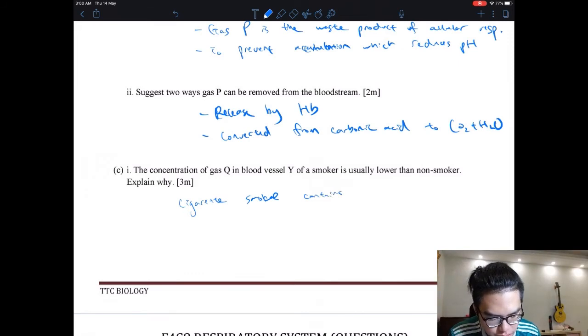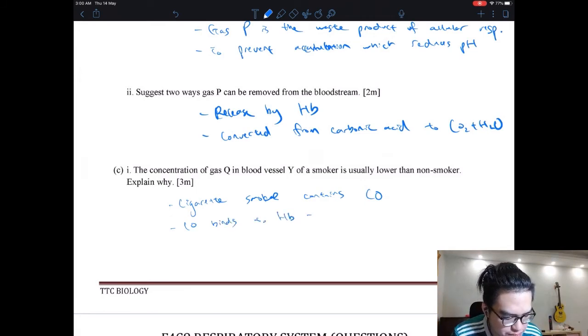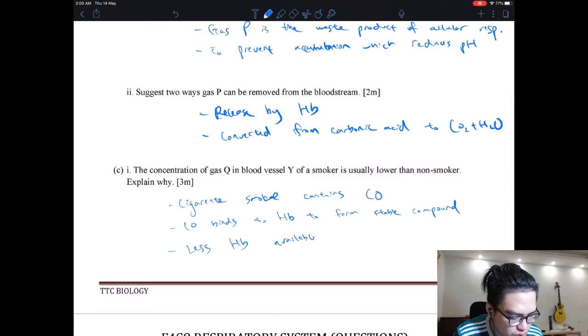Okay, carbon monoxide binds to hemoglobin to form stable compound. Okay, this is in your Form 3. So less hemoglobin available to carry oxygen molecules. Okay, that's why the heart needs to pump faster when you smoke, because you have lower oxygen in your blood.